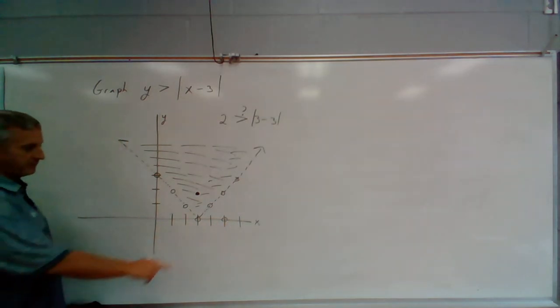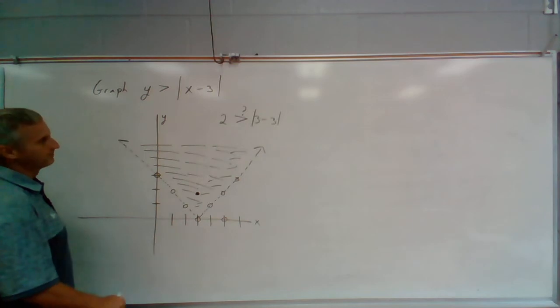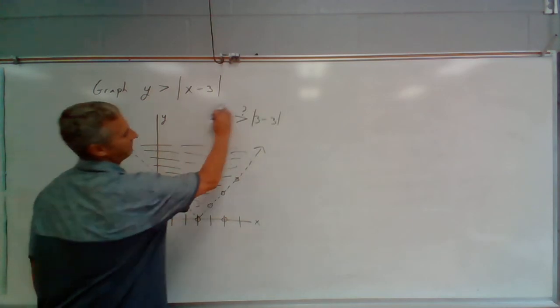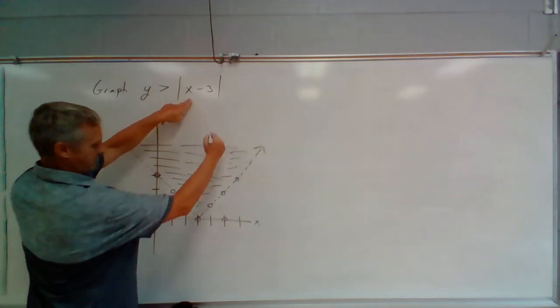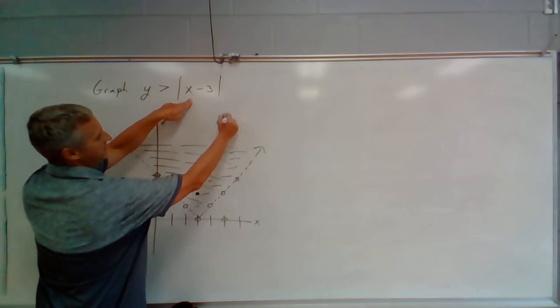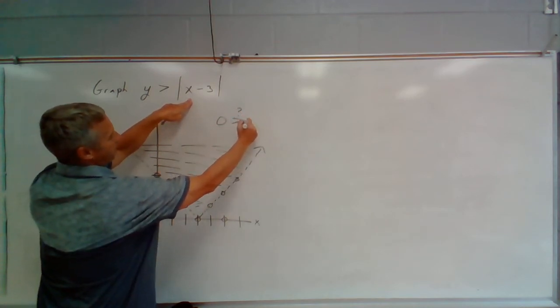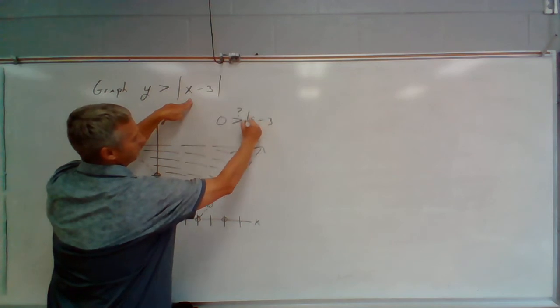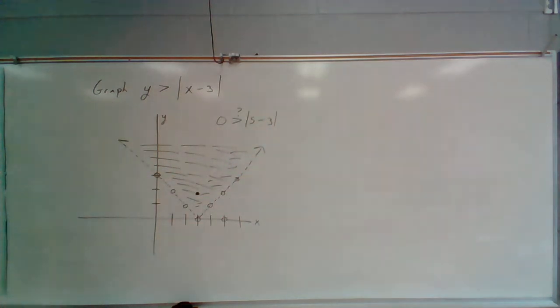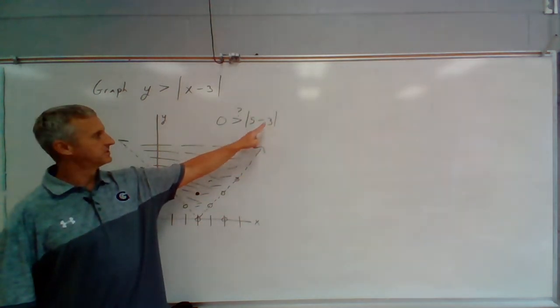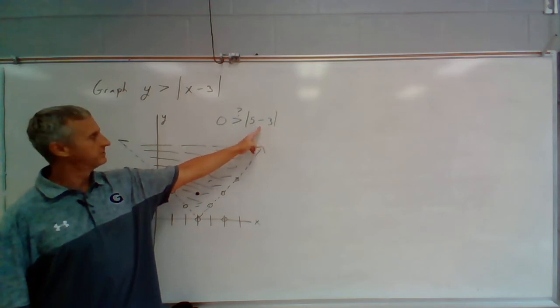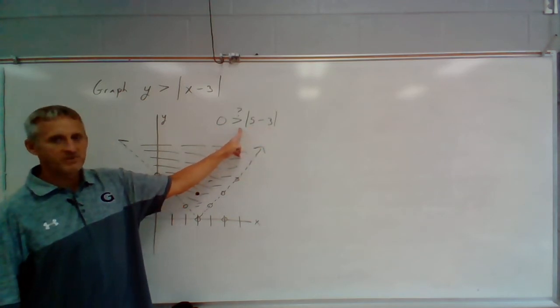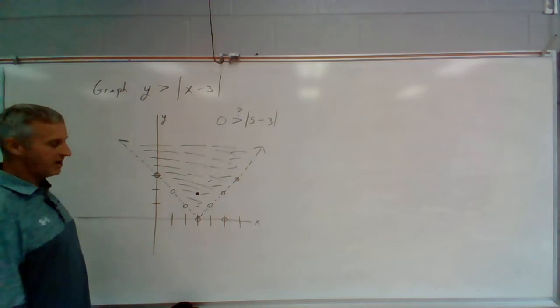Okay. So if this point is 5, 0, I'm going to plug 5 in for x and 0 in for y. So is 0 greater than absolute value of 5 minus 3? So 5 minus 3 is 2. Absolute value of 2 is 2. And 0 is not bigger than 2. So that is not a solution.